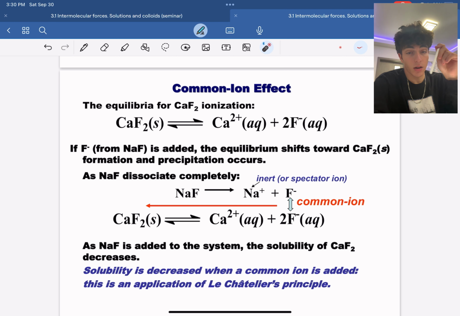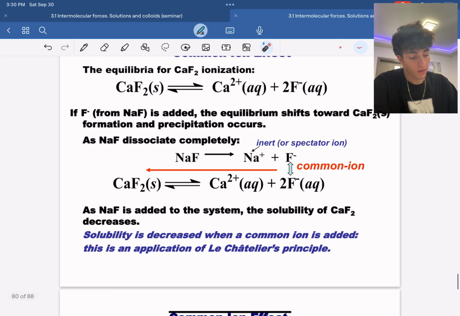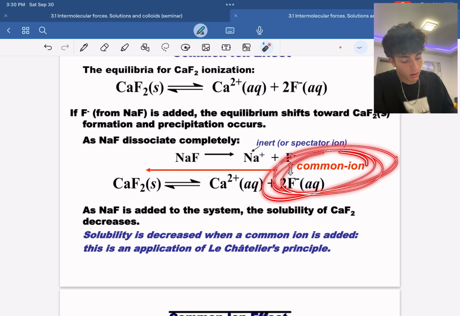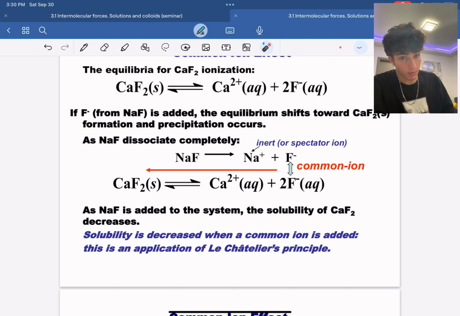Then you have another part of the question that says this time it was in a solution of 0.5 molarity of one of the reactants. It doesn't matter. Whenever there's a common ion when you're doing an ICE table, for the C, instead of it being plus X or plus 3X or whatever, you're going to have to get the initial concentration of the common ion plus whatever the X is.